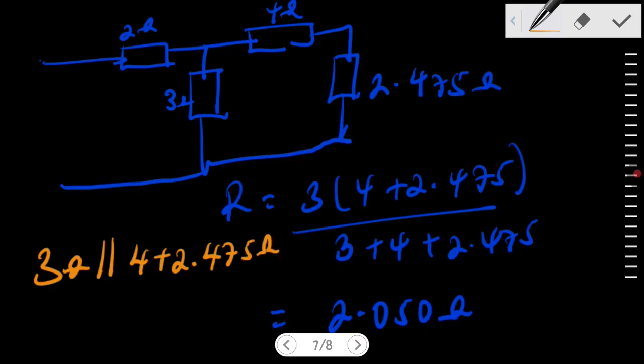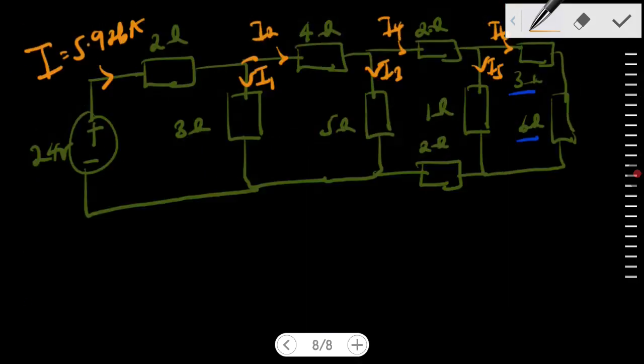These are ohms. So that means the 3 ohm resistor is in parallel with a 6.475 ohm resistor, right? Because that resistor replaced the whole of this from here up to here, right?